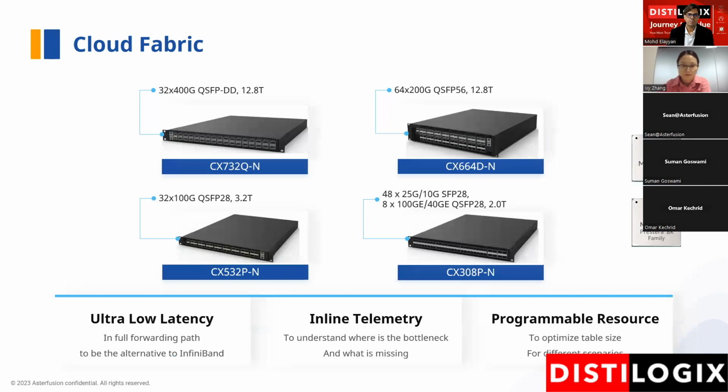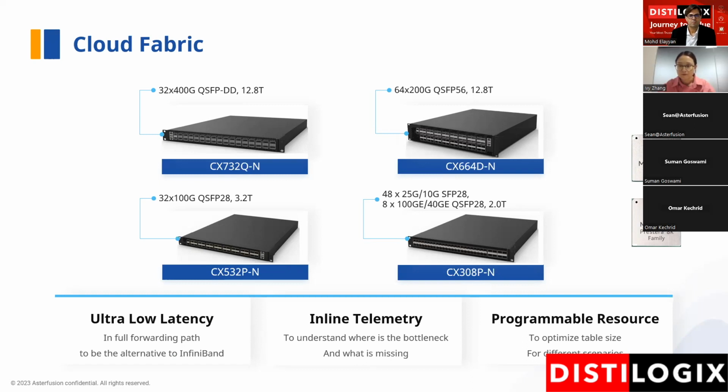The data center switches, we call it the Cloud Fabric product line, currently has 4 different models with 48 25 gig downlink, 32 100 gig, 64 200 gig, and 32 400 gig. The switching capacity is from 2 Tbps to 12.8.